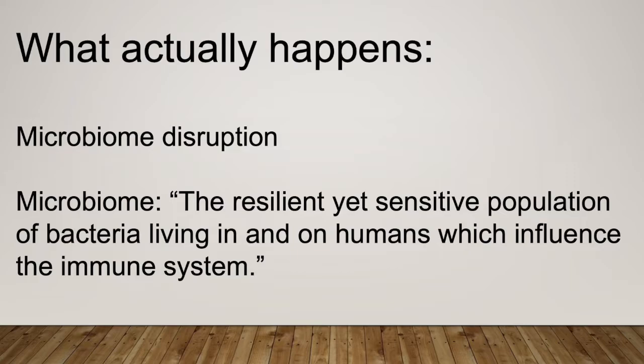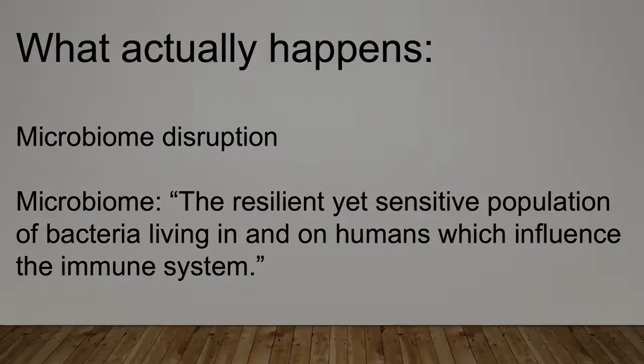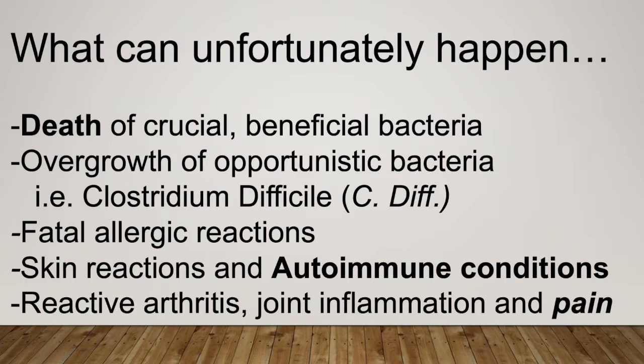So just understand that the intention is to save lives and hopefully make it so that you outlive the antibiotic attack and that the bad bacteria, virus, whatever it was inside you that they were trying to destroy is destroyed. But unfortunately, what can happen is this, and typically does: death of crucial beneficial bacteria that live in that microbiome.